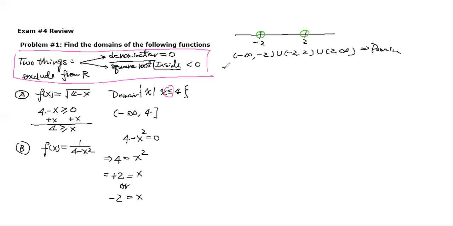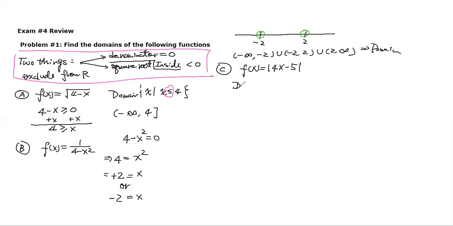Okay, so now part C is here. Part C is f of x is equal to the absolute value of 4x minus 5. So for this one, this is just an absolute value function, which does not have a square root and does not have a fraction.